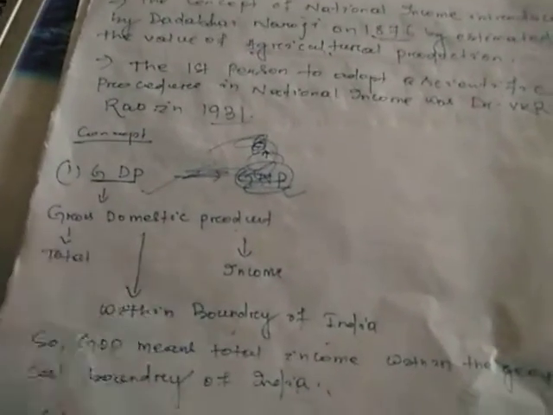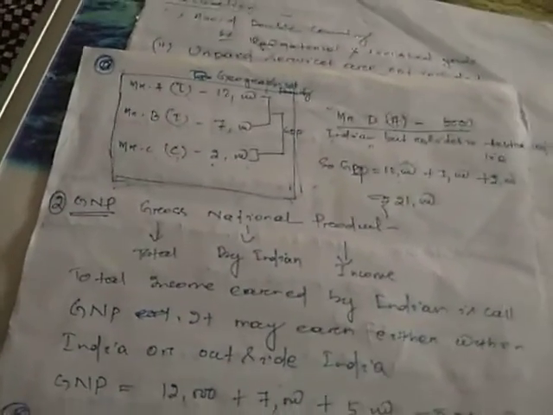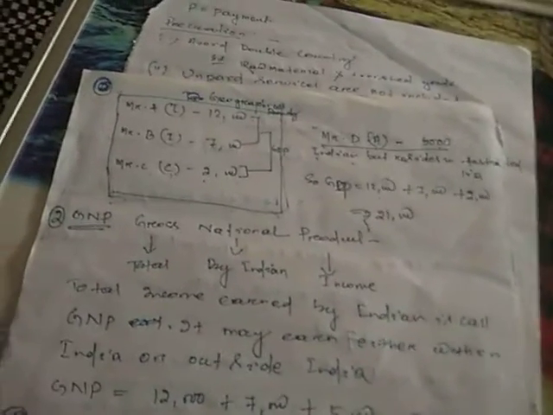That's why the person may be either in India or outside India, but if he resides in India and his income is considered within India, he may be a foreigner, he may not be Indian, but still if he earns in India, then his income will be considered.